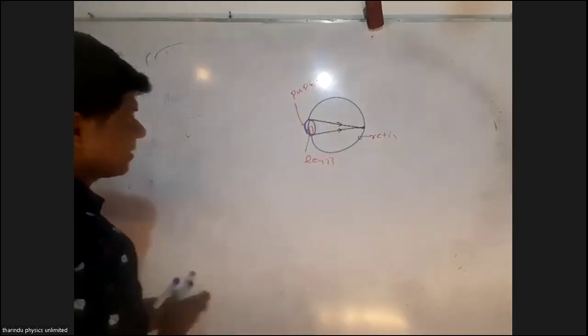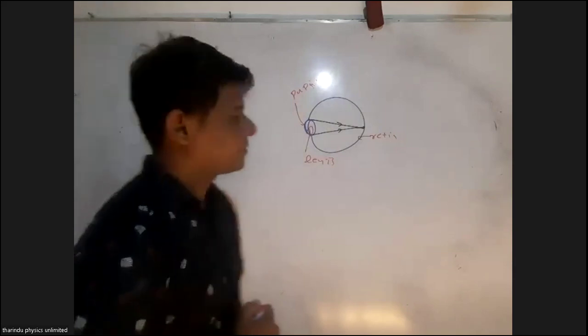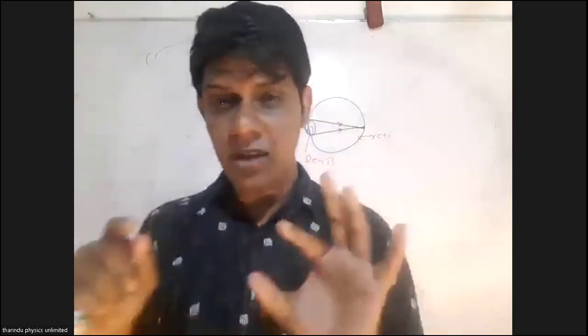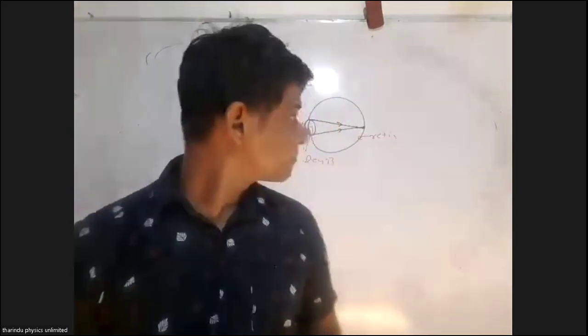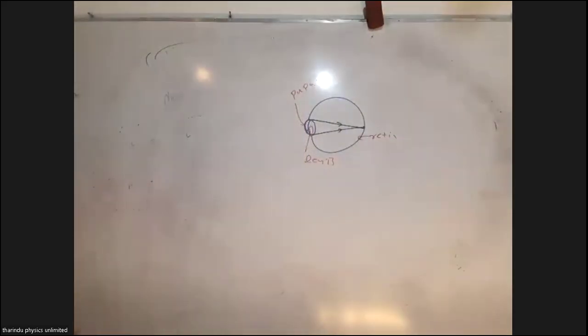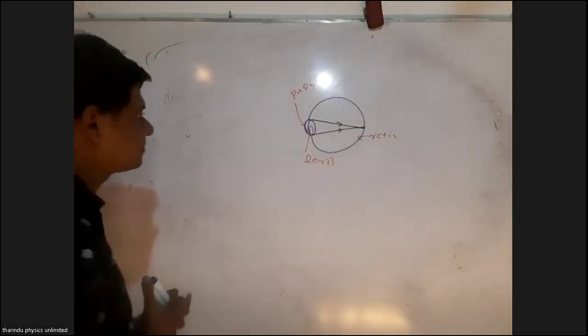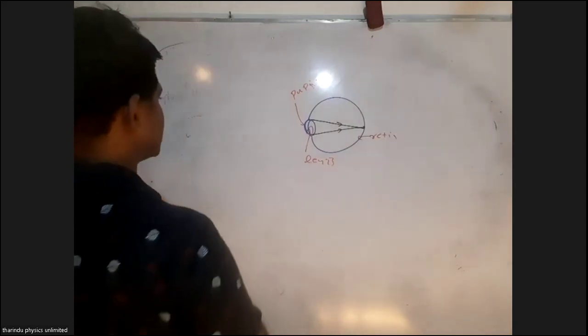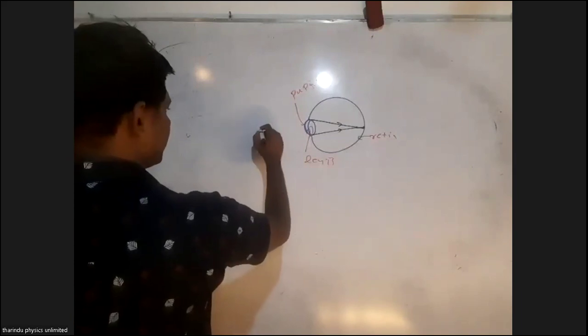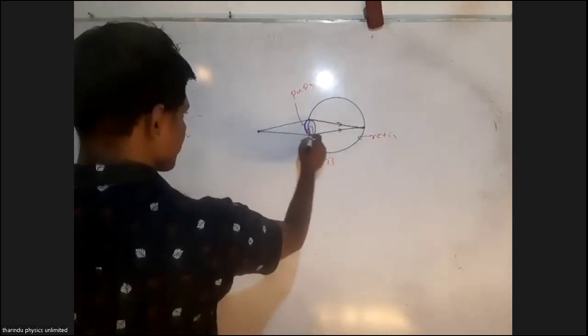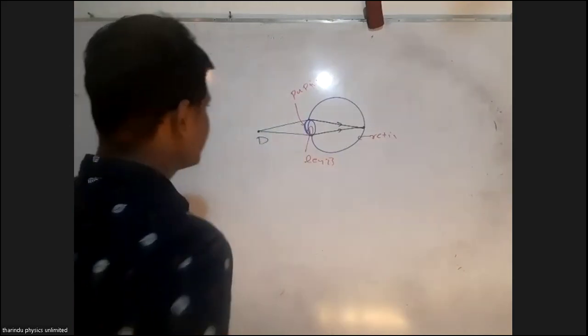Okay. For a regular healthy eye, it is ranging from capital D to infinity.